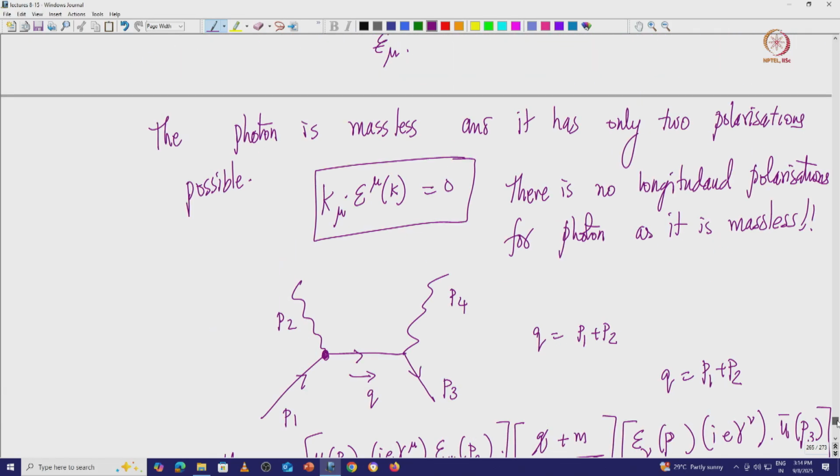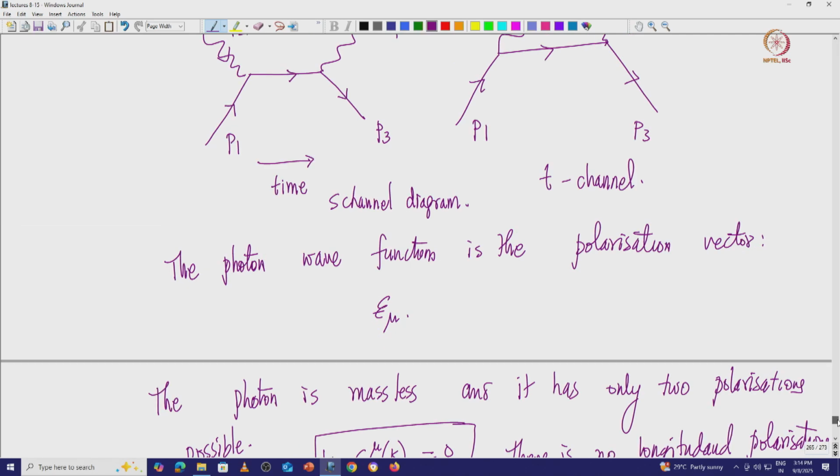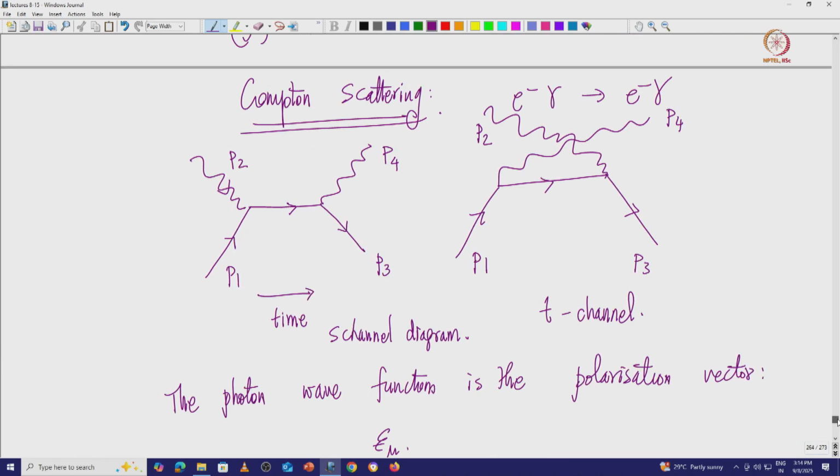With this, we are ready to do simple calculations in Compton scattering.